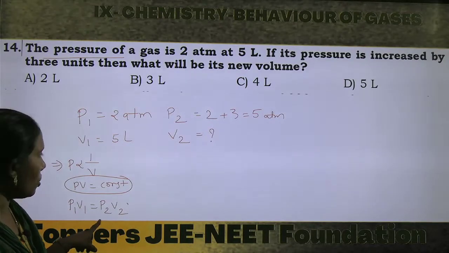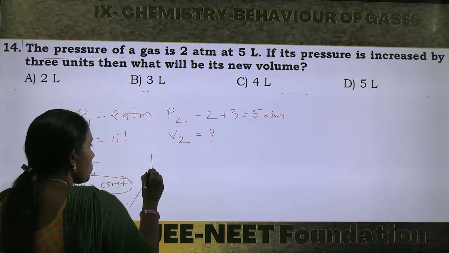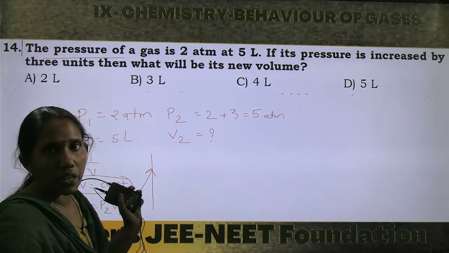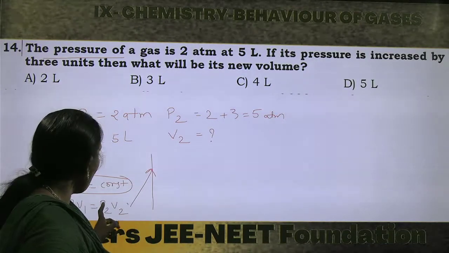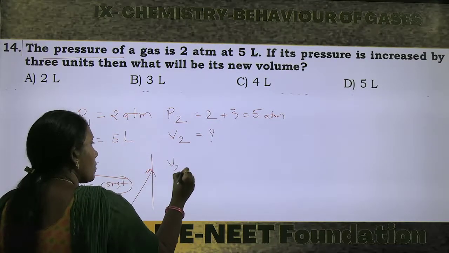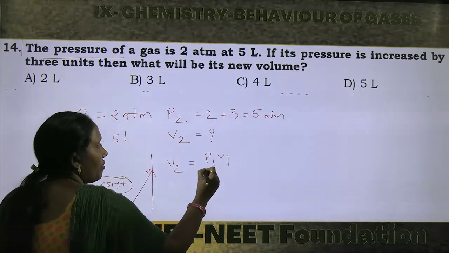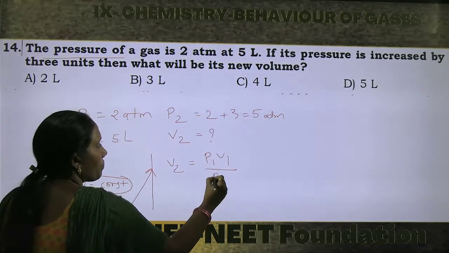According to this formula, we already know the P1 value, V1 value and P2 value, and we have to find V2. So take V2 equals P1 V1 by P2.